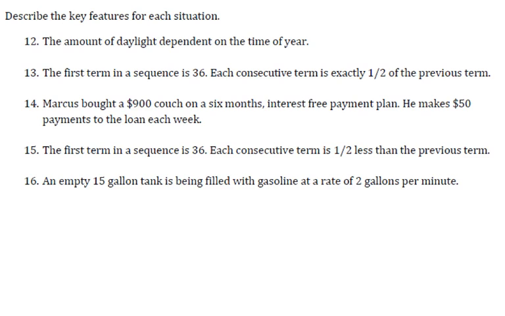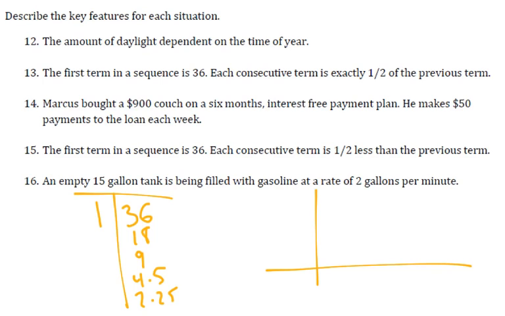So the first term in the sequence is 36. Each consecutive term is exactly 1/2 the previous term. So 36 to 18 to 9 to 4.5 to 2.25 and so on. So this is probably easier to graph. The first term here is 36, then we're cutting it in half each time, so it's just going to keep going.